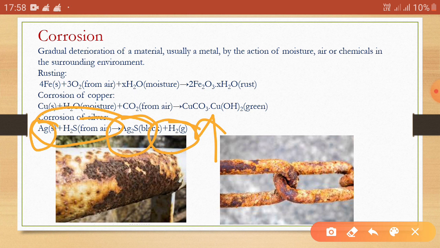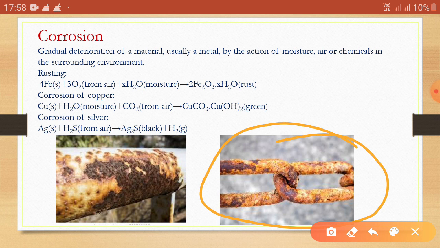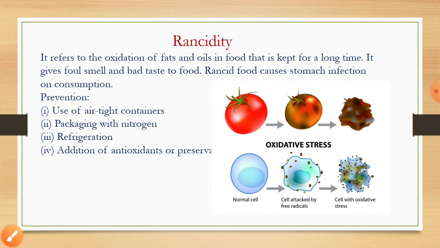So all these are the corrosions of metal. These are the pictures of corrosions. All the metals are getting corroded gradually. Okay, go to the next slide.